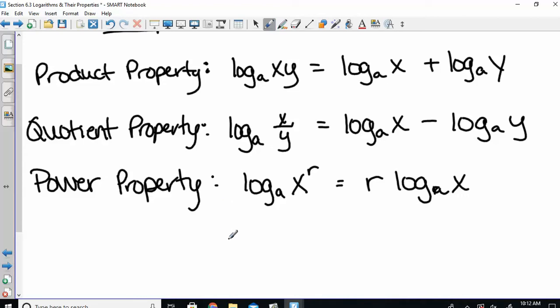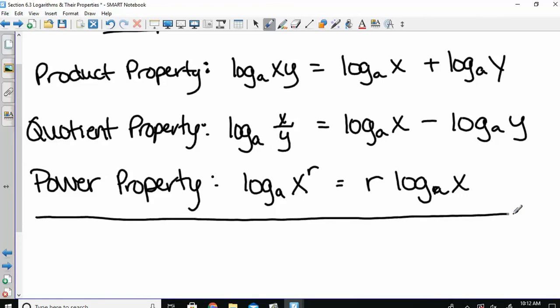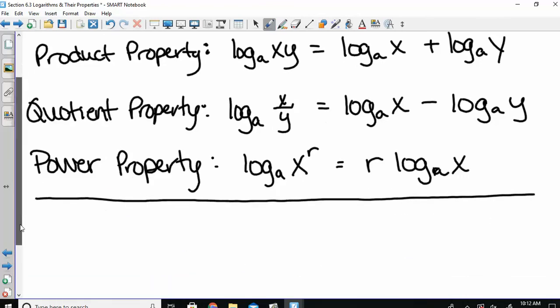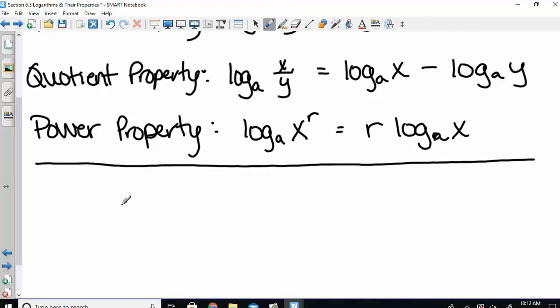Two more properties that are very closely related. So a log and an exponential, we are going to learn are inverses of one another. And we know that inverses cancel each other out. So if I have an exponential and a log with the same base, those actually just cancel each other and disappear altogether.